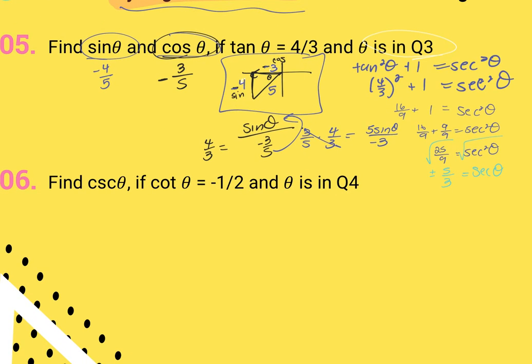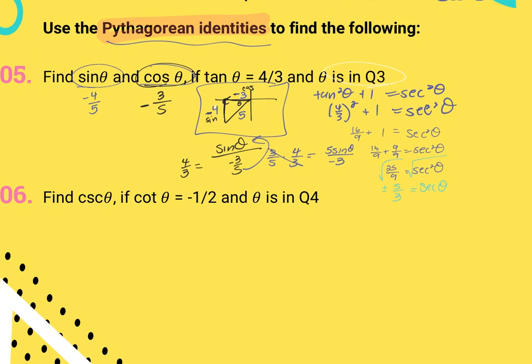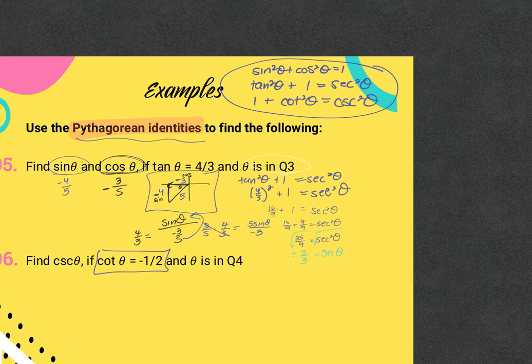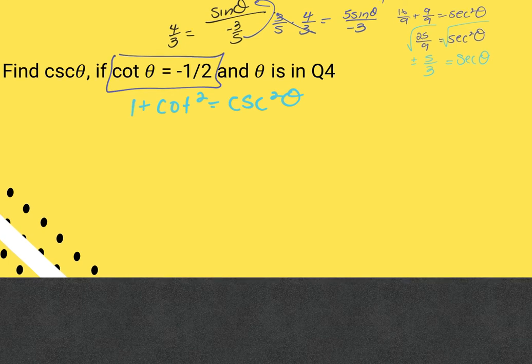Let's do one more. 6 says, find cosecant if cotangent is negative 1/2 and theta is in the fourth quadrant. So first part I have is cotangent. So I would come back up to my Pythagorean identities. I grab the one that has cotangent, which is 1 plus cotangent squared equals cosecant squared. So 1 plus negative 1/2 squared would equal cosecant squared. 1 plus 1/4 equals cosecant squared.